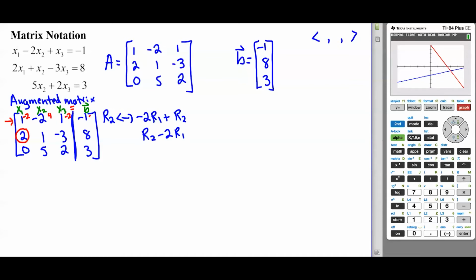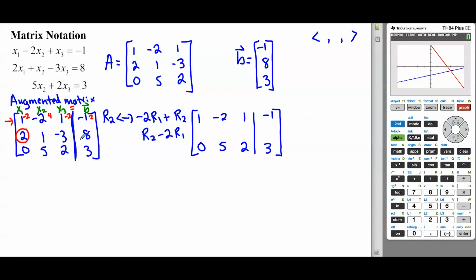This is going to be a +2. I'm not actually changing this row, but I'm going to use -2 times this row to change the second one. So when I go to my new matrix, I'm going to write down the rows that I'm not changing. I'm only changing the second row, so I can go ahead and write down the rest.